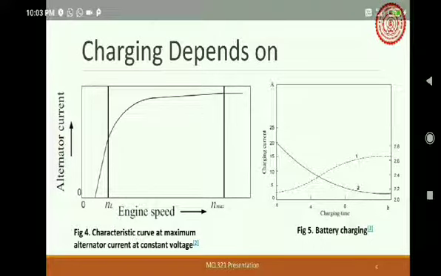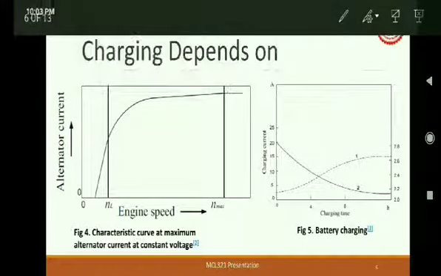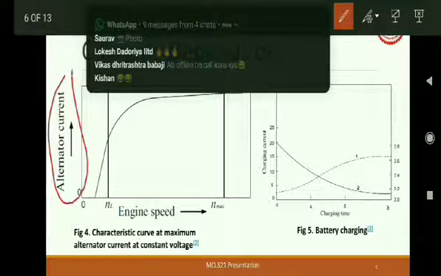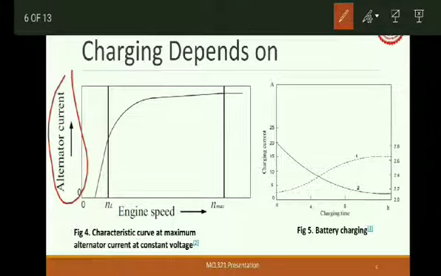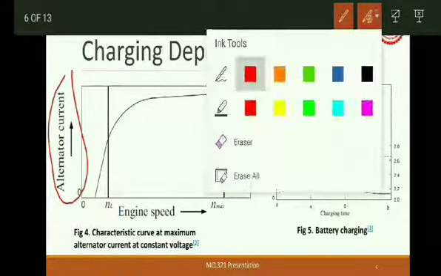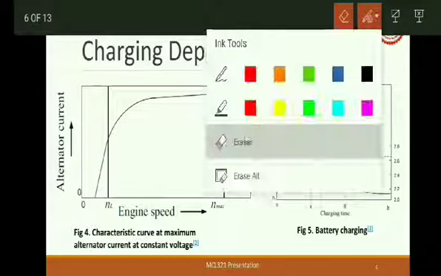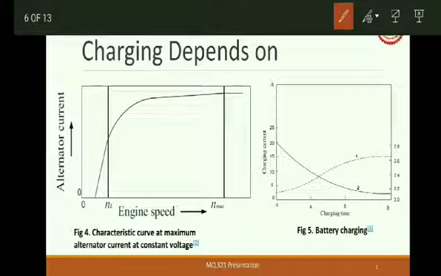Now we'll see on what things the charging depends.